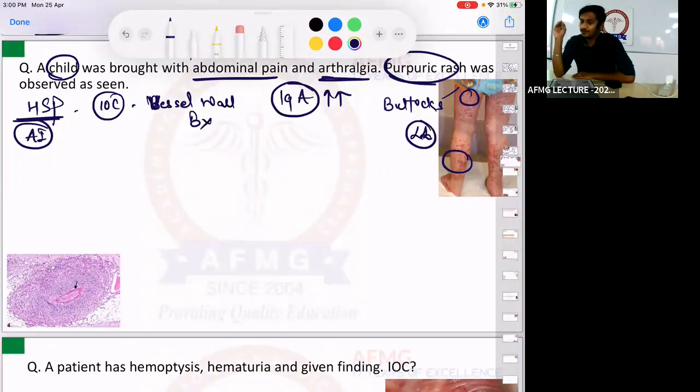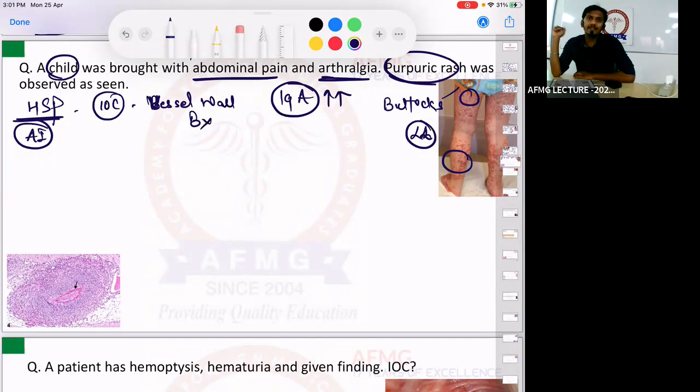HSP is an IgA related vasculitis. IgA related malabsorption, celiac. IgA related nephritic syndrome, IgA nephropathy.